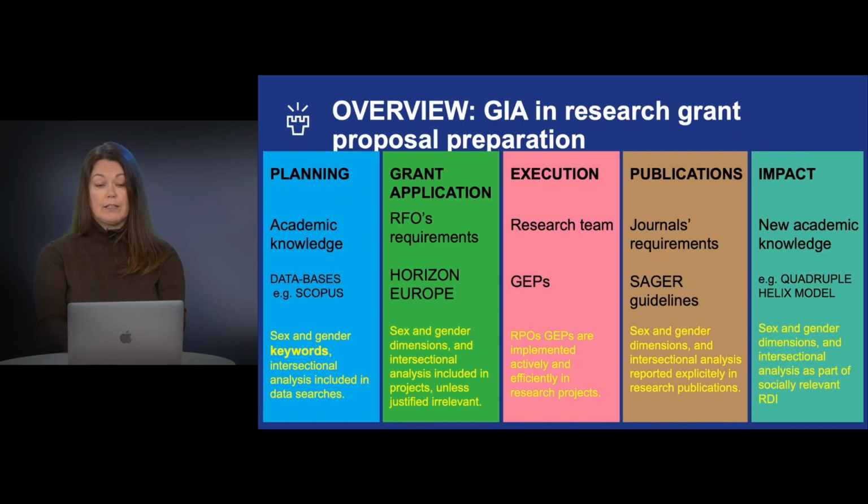In execution phase of the research project, gender equality plan of the research institution is very important document to consider, and those actions that are in general level applied on institutional actions can be also applied on research team level and taken into serious consideration.